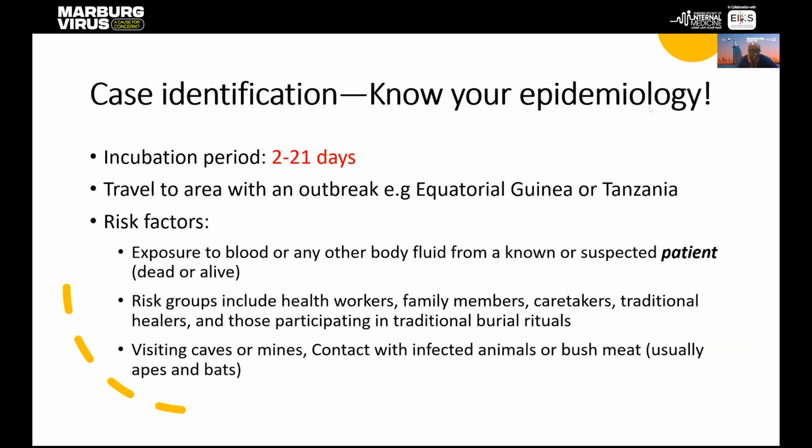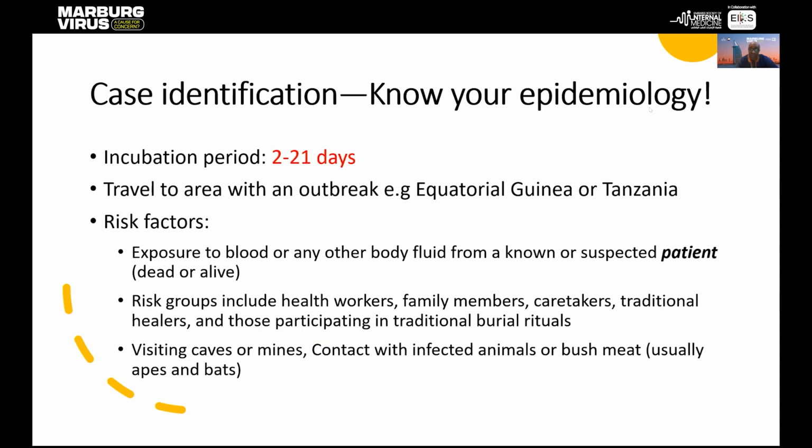And if they have risk factors, such as exposure to blood or other bodily fluids from a patient who is suspected of or has died as a result of Marburg viral disease, or they come from risk groups such as healthcare workers, family members, caretakers, traditional healers, or those participating in burial rituals in countries where there's an outbreak, that's a high-risk group.